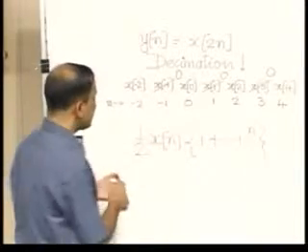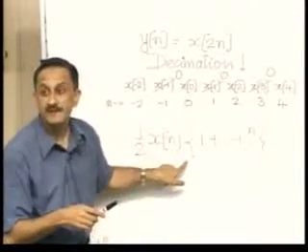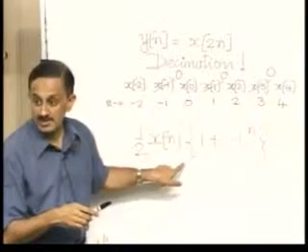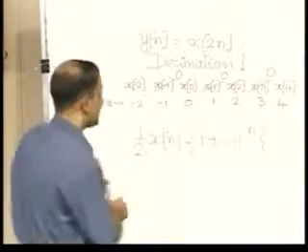This is something whose Z transform we can easily find based on the operations that we've just developed in the last few minutes.